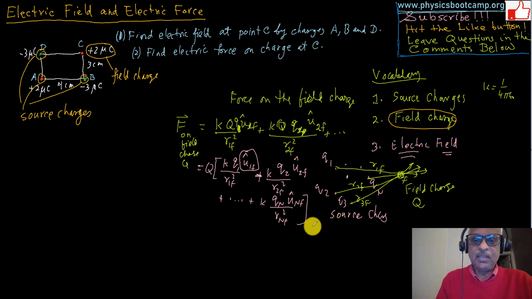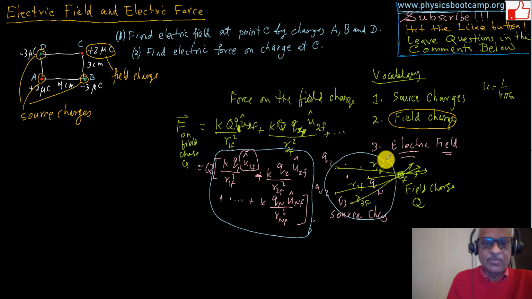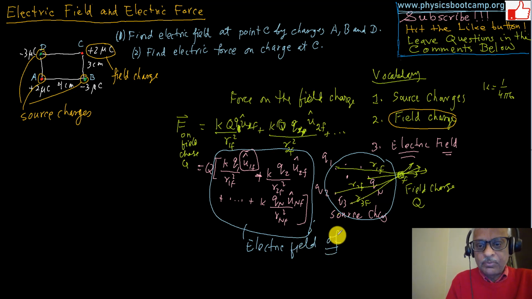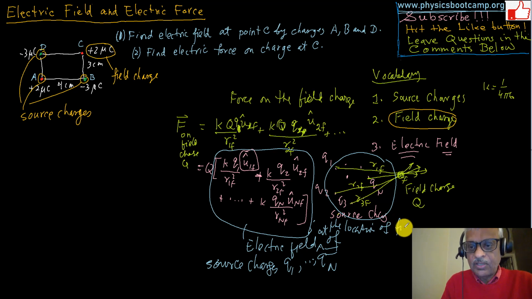Now this thing, we call it the electric field of all of these charges, the electric field of all the source charges. So this part we'll call the electric field of source charges Q1 through Qn, the electric field at the location of the field charge.